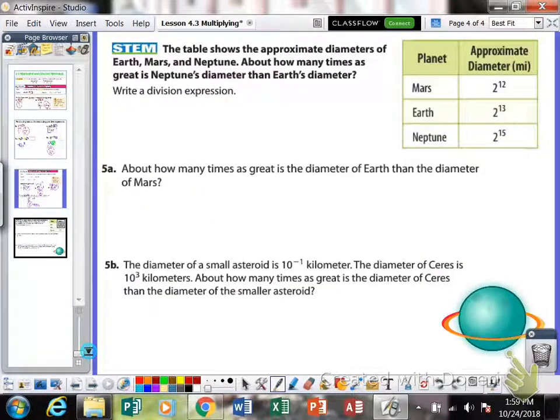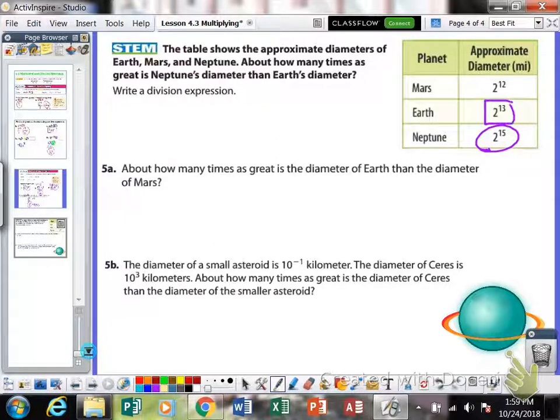The table shows the approximate diameters of Earth, Mars, and Neptune. About how many times as great is Neptune's diameter than Earth's diameter? Write a division expression. So Neptune is 2 to the 15th.